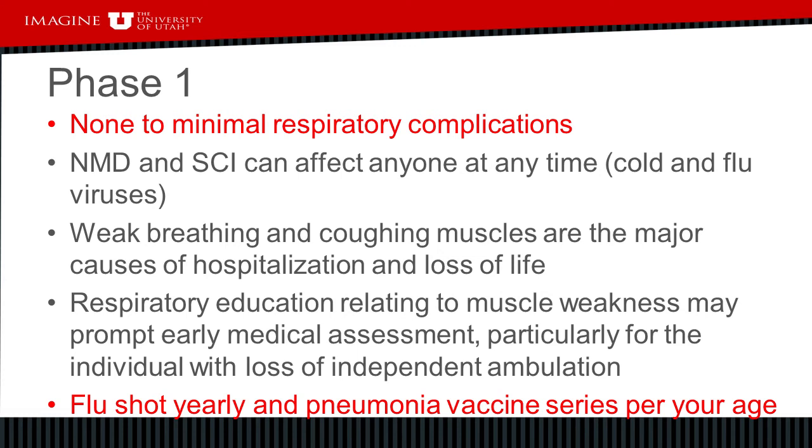So seeing your doctor early, calling the clinic early, and particularly with the individual who's had loss of ambulation or being able to walk. The other aspect in phase 1 that's really important is actually getting any vaccines that are available. We recommend, including the flu shot yearly and pneumonia vaccine series, depending on your age.